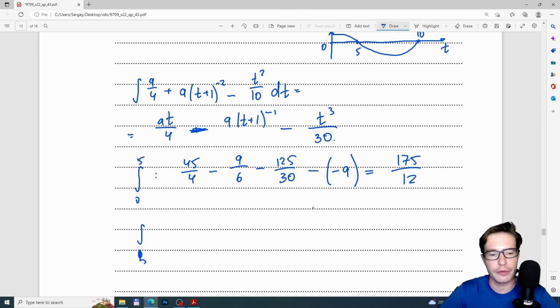Now let's find the integral from 5 to 10. Again, we've already integrated, so we are substituting upper and lower limits here. Starting with the upper limit, 90 over 4 minus 9 times 11 to the power of minus 1 minus 10 cubed over 30. That's the upper limit. Substitute the lower limit.